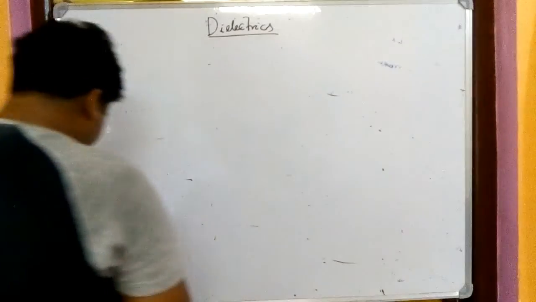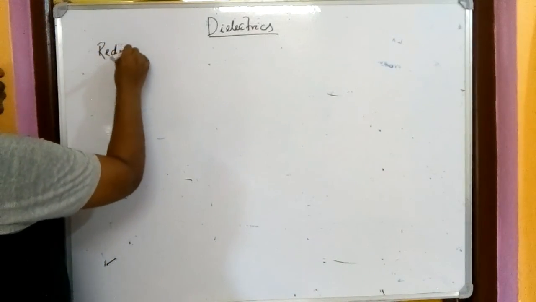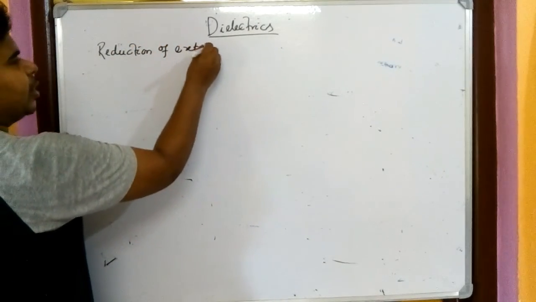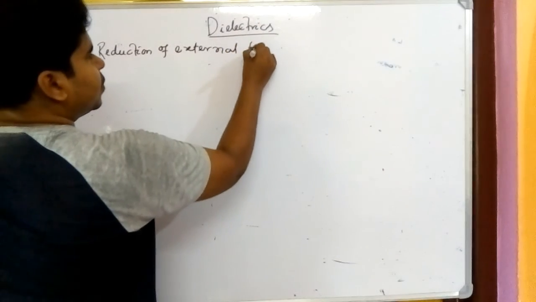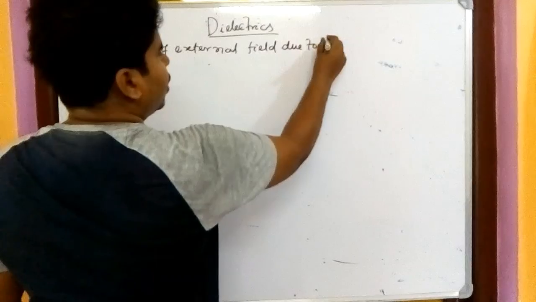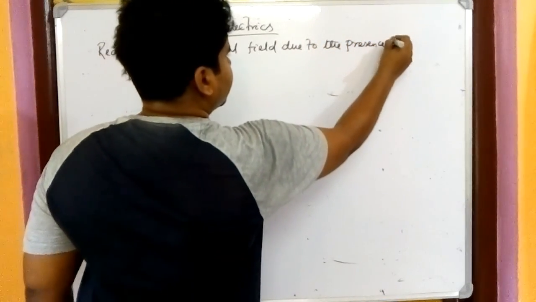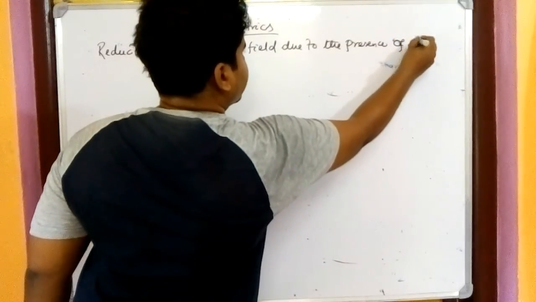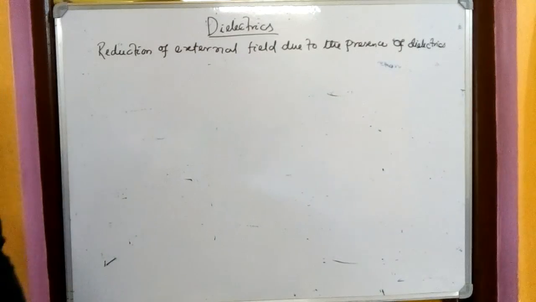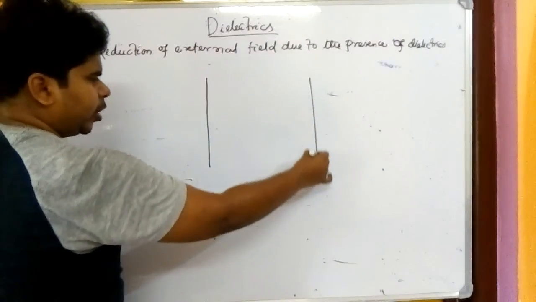So here we have to see the next thing, the reduction of the external field due to the presence of dielectrics. How does it occur? So assume I have taken two plates.